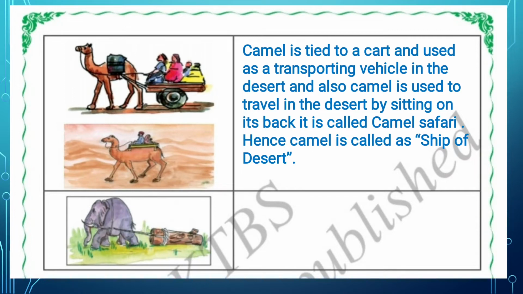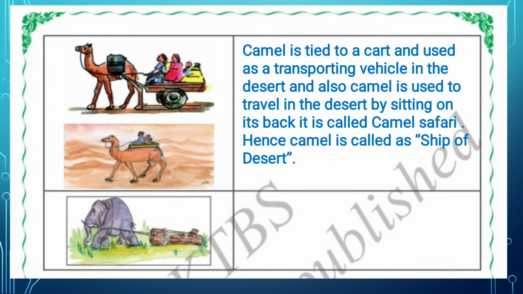Next, people sit directly on the back of the camel and move from one place to another. This is one of the special things of desert areas, called camel safari. If you visit a desert area, you will see that camel safari is a special thing, where people sit on the back of the camel and move from one place to another.